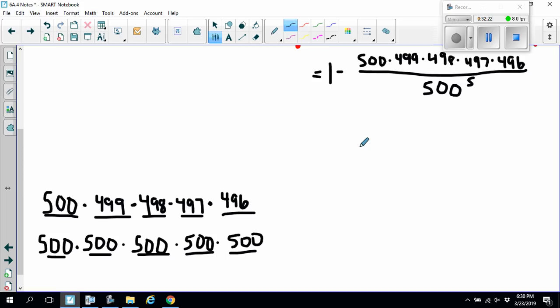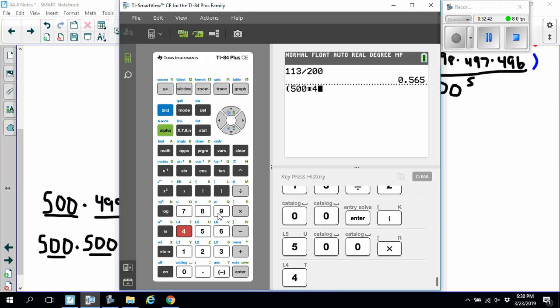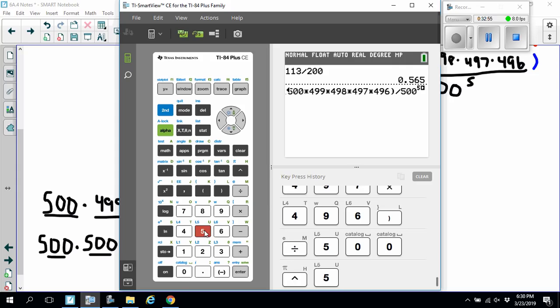Now from here, it might be better to get your answer as a decimal than a fraction. So we're going to do 1 minus. In this case, we're going to plug this into our calculator. Make sure for the top portion you use parentheses. So in our calculator, we have parentheses 500 times 499 times 498 times 497, and then times 496, and then divide that all by 500 to the 5th power. Since we're keeping the same rounding, let's round to 4 decimal places.